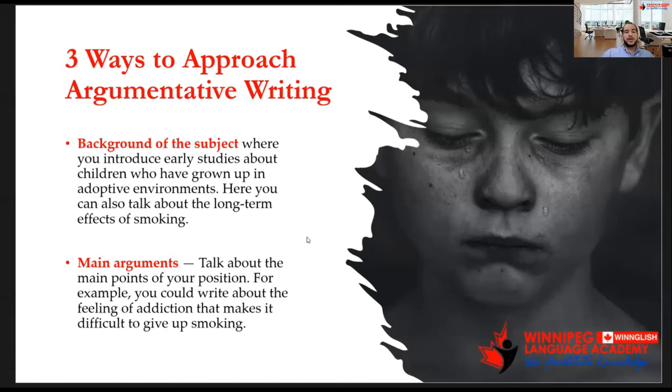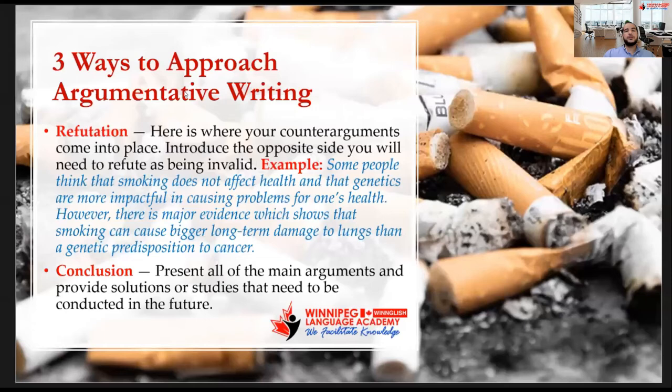For example, you could write about the feeling of addiction that makes it difficult to give up smoking. Maybe you could also talk about how this feeling affects us, bodily and mentally. Then you go to refutation, and this is what we were discussing here. Refutation.